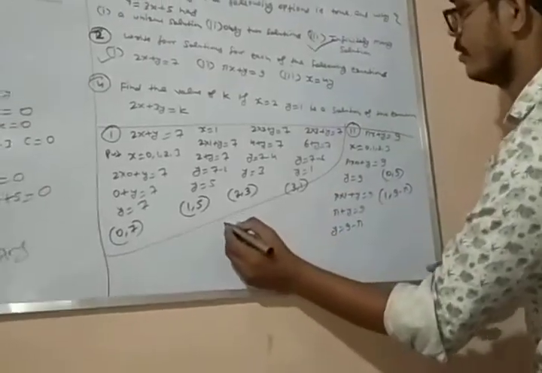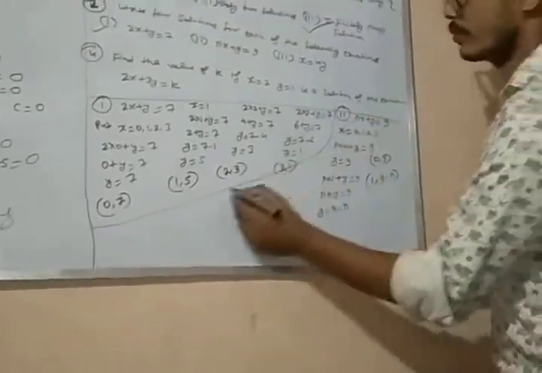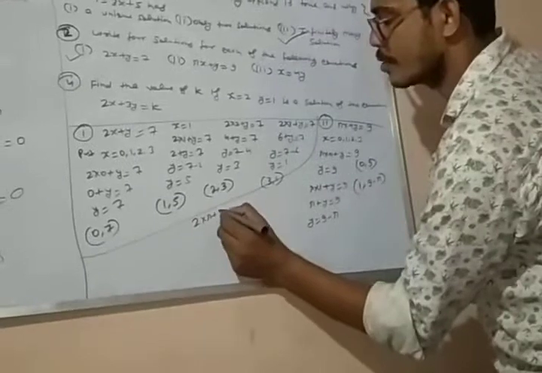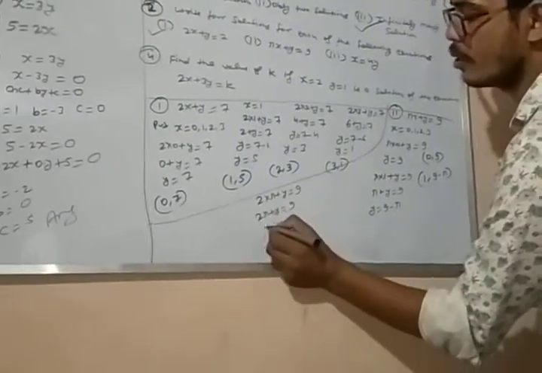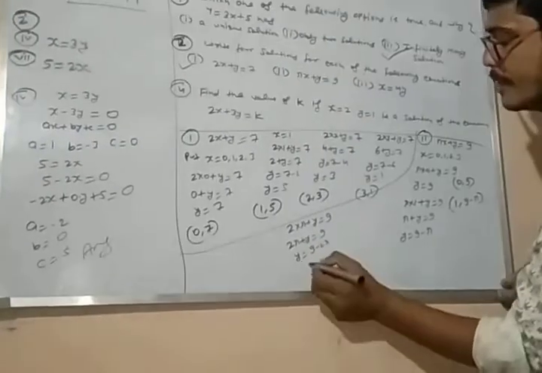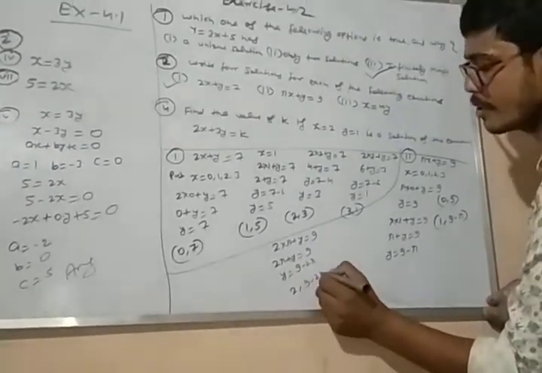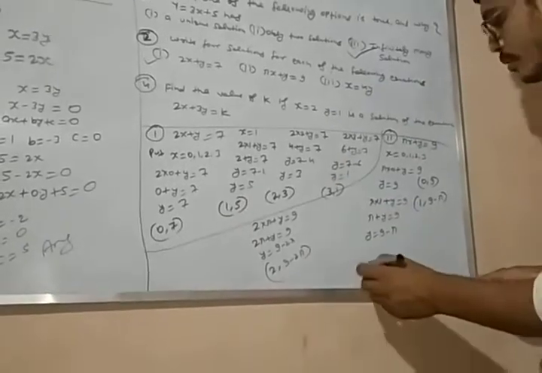This is the second solution. Now third solution, put x is equal to 2. 2 into pi plus y is equal to 9. 2 pi plus y is equal to 9. y is equal to 9 minus 2 pi, means 2 comma 9 minus 2 pi. This is the third solution.